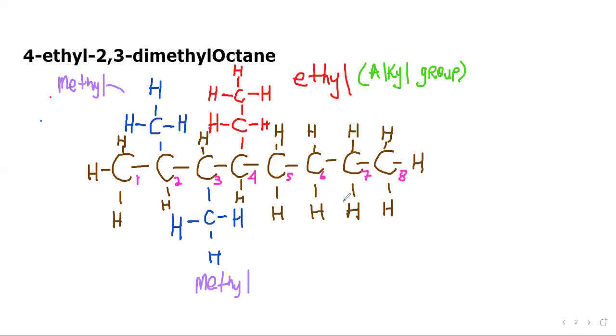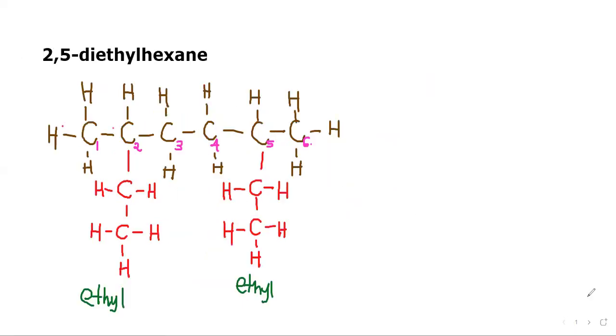So if it's octane, it must have 8 carbon atoms, right? And then here they want us to draw the structural formula of 3-ethyl 2-methyl pentane. Since it's pentane, it must have 5 carbon atoms. 1, 2, 3, 4, 5.